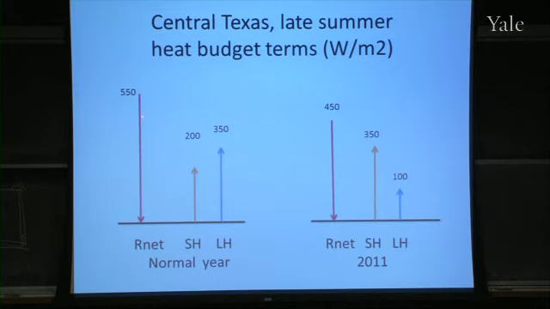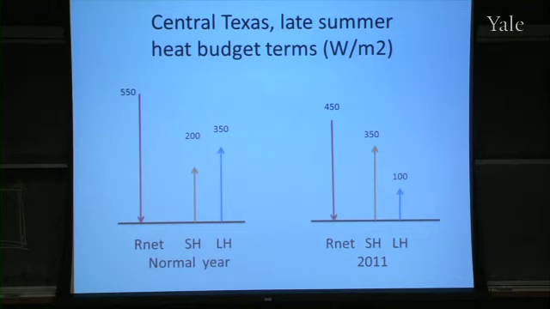Now, the red arrow is the net radiation. That's the sunlight that is absorbed. There's also some long-wave radiation in that, but I'm going to ignore that for the time being. This basically is the sunlight absorbed, and that is reduced in the drought year because the surface has a higher albedo.